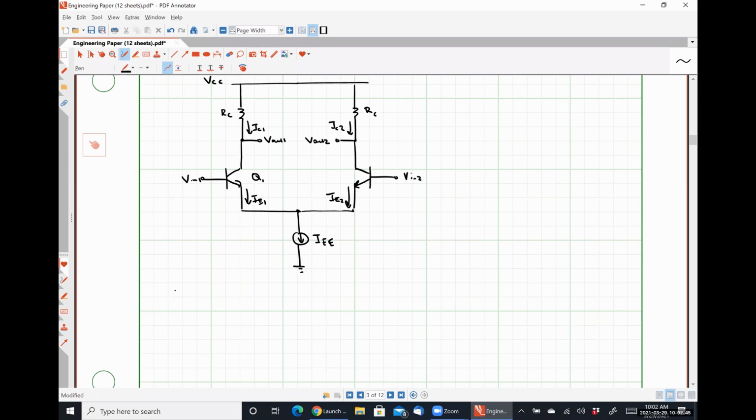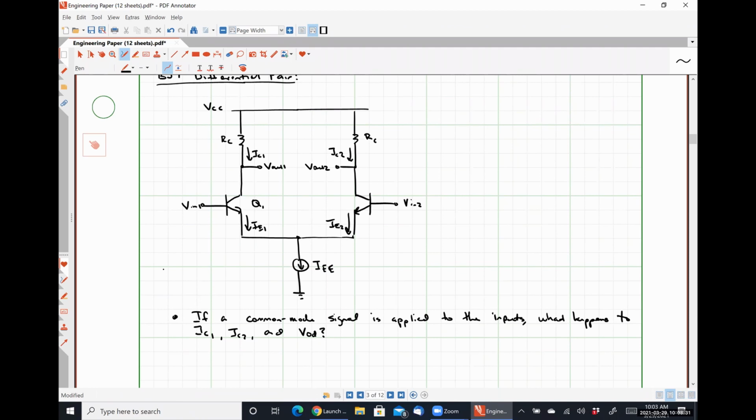So if a common mode signal is applied to the inputs, what happens to IC1, IC2, and VOD, our output differential voltage?